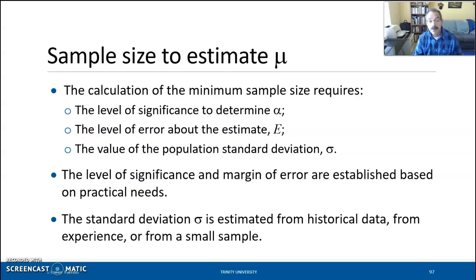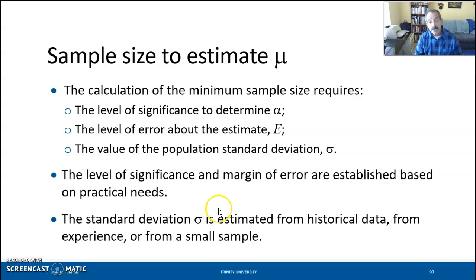All right, to calculate this sample size, we need to determine what is the significance level that we require, what is the absolute error about the estimate, and we need the value of the population standard deviation. So the levels for the significance and the margin of error are established based on practical requirements.